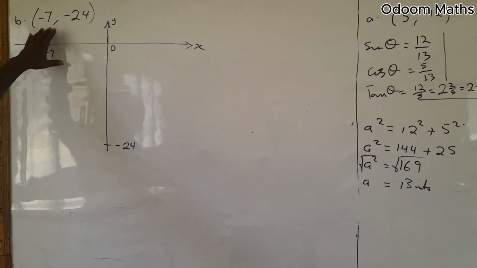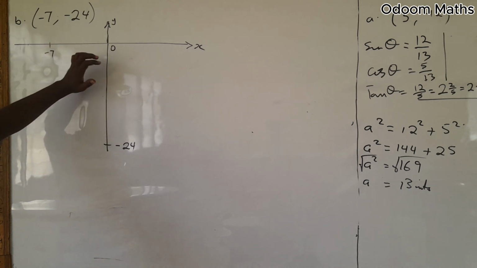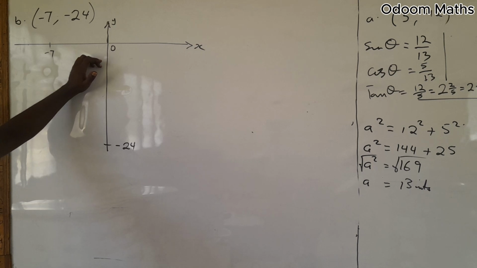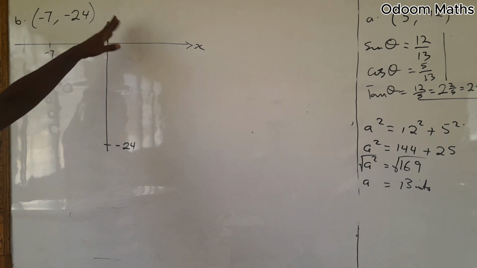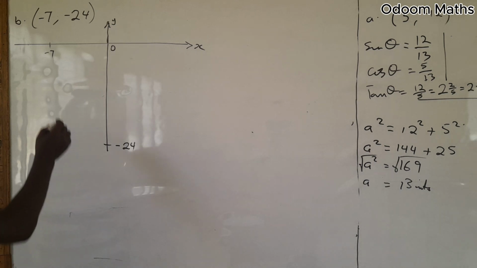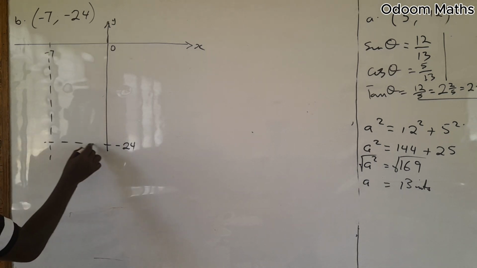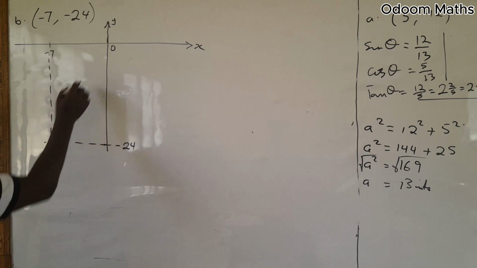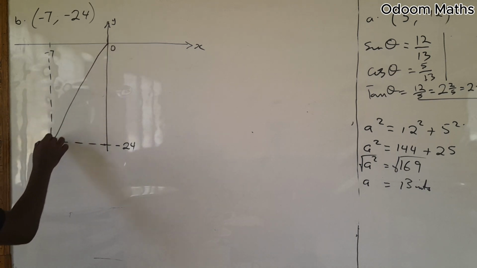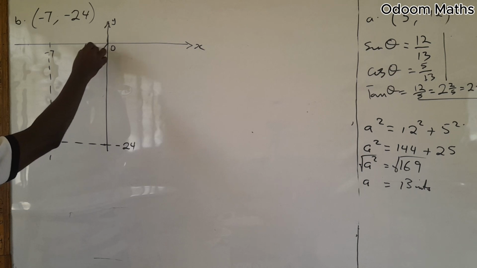Okay, now let's look at the second question. So that is the B. So this is my Cartesian plane. And I've drawn it in this manner, in the sense that I'm not going to use the positive x and y side. Okay. So this point and this one will meet at this point. So let me draw a line from here, and then this is going to be my theta.